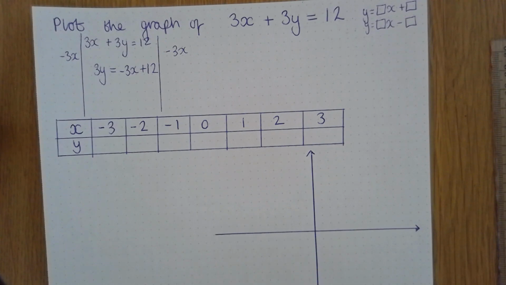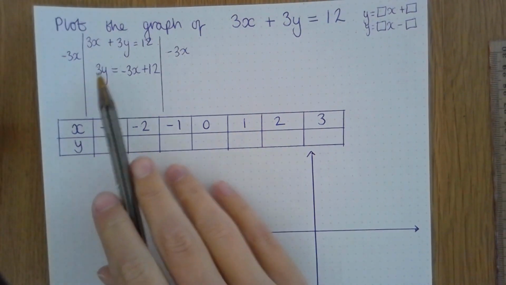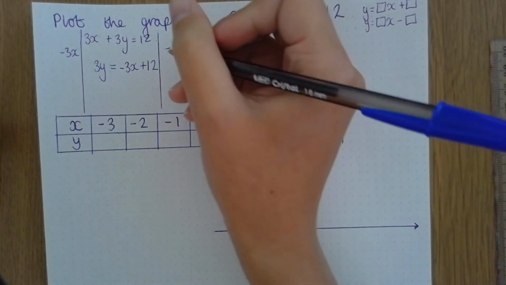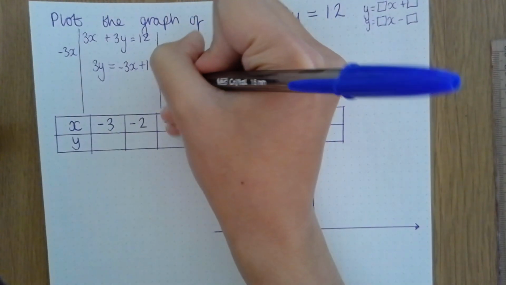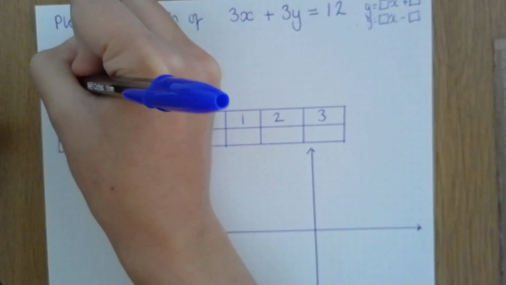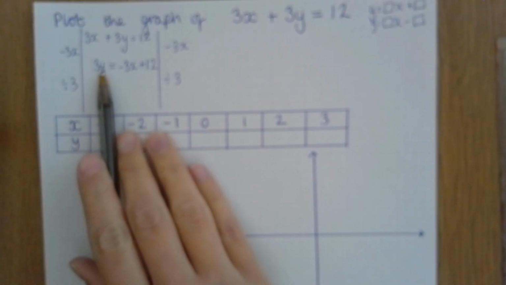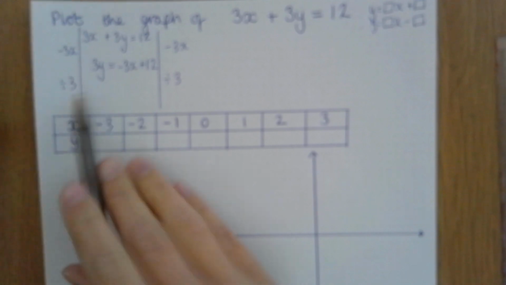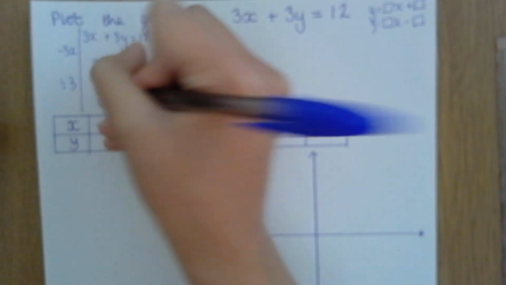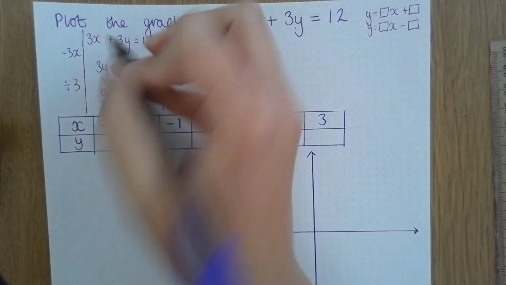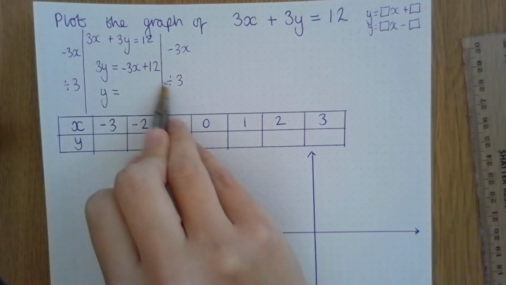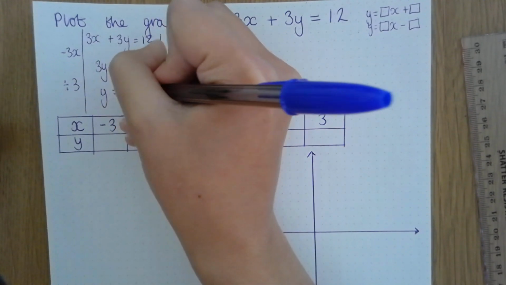Remember we don't want 3y, we want just y, so we need to divide everything by 3. So we're going to divide by 3 that side, and we're going to divide by 3 that side. So 3y divided by 3 is just y, or 1y. Negative 3x divided by 3 is negative 1x.